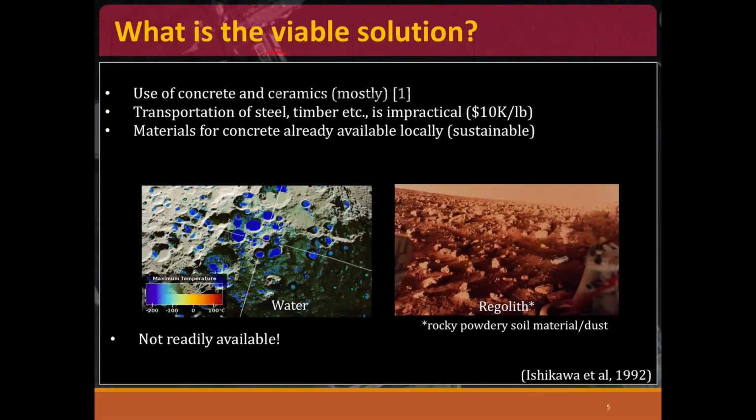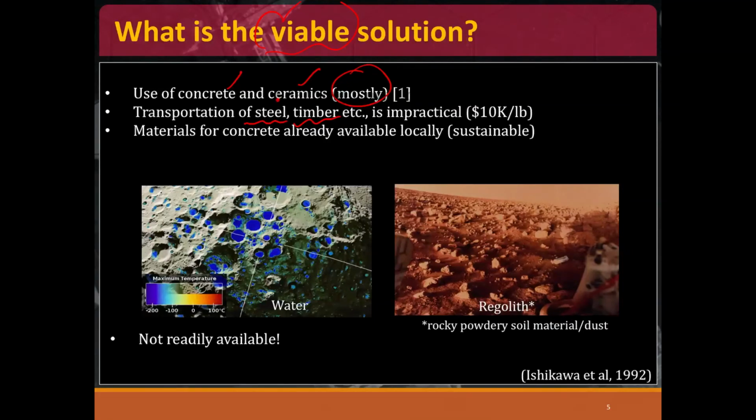For construction to happen, we can use concrete and ceramics mostly, for construction in space. Other construction related to steel, timber, or others can be difficult, because steel and timber have to be transported from Earth, which makes it very impractical because it's very expensive, as already discussed earlier.